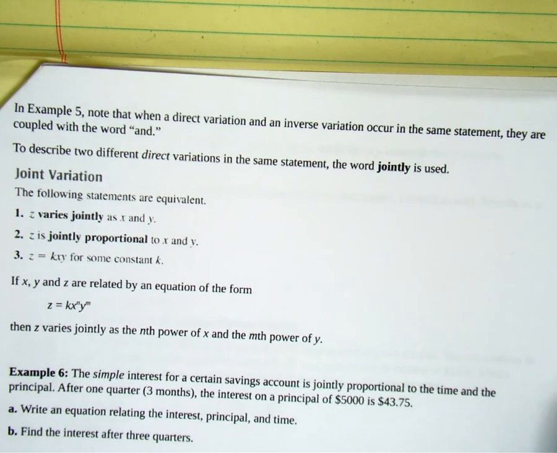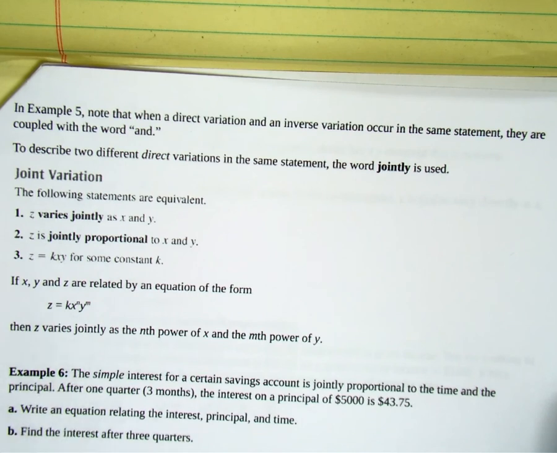In example 5, note that when a direct variation and an inverse variation occur in the same statement, they are coupled with the word "and." To describe two different direct variations in the same statement, the word "jointly" is used. So if we're going to do two direct variations at the same time, or more than one direct variation at the same time. Okay?